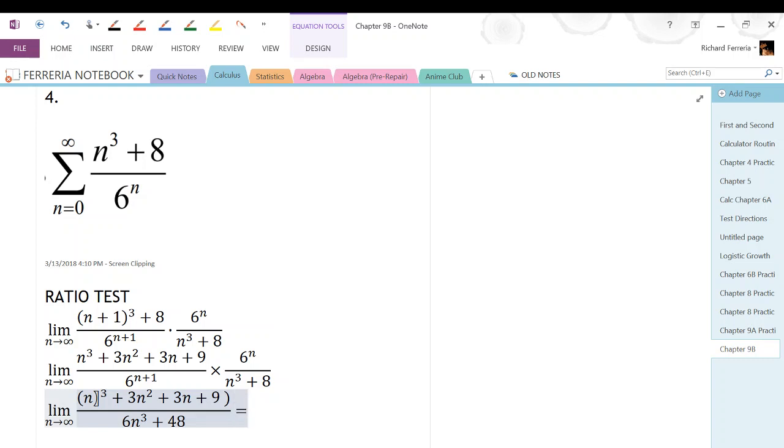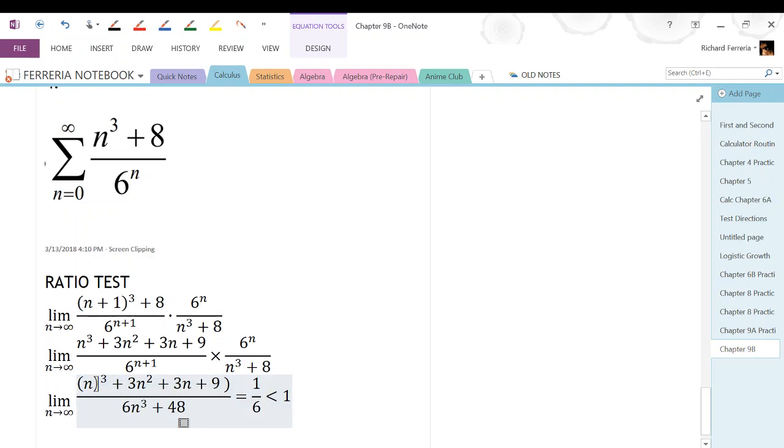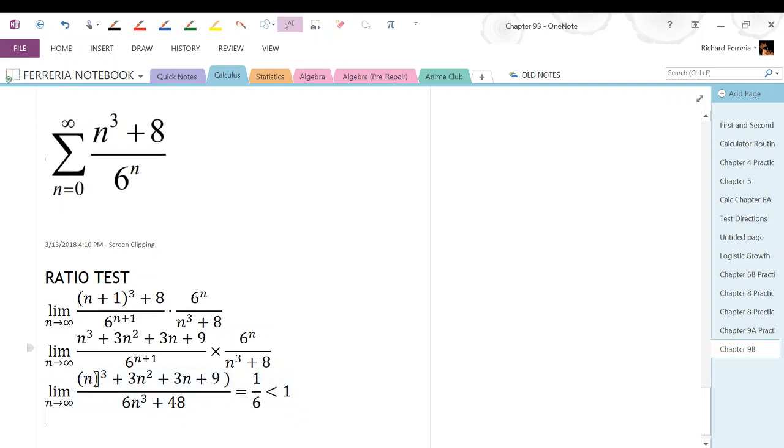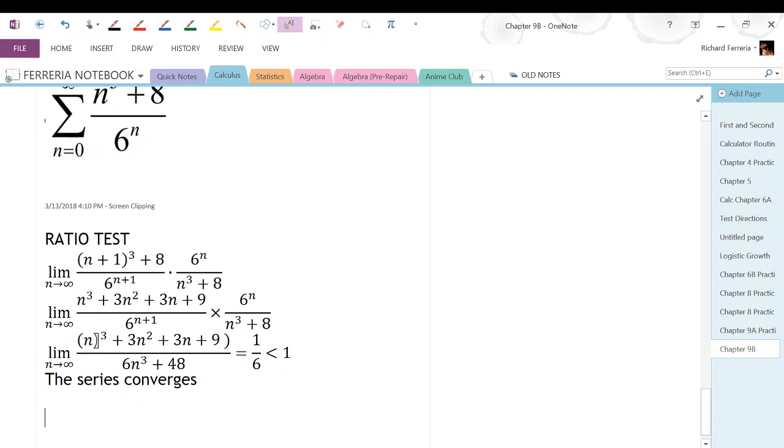So L equals 1/6, which is less than 1. So the series converges. Is it just like a rule? That's the rule. If it was 2, for example, then it would diverge, right? Yes. The ratio test.